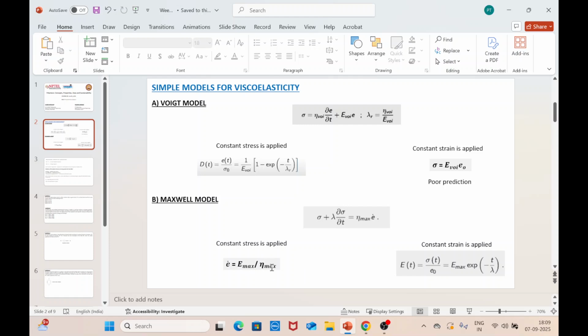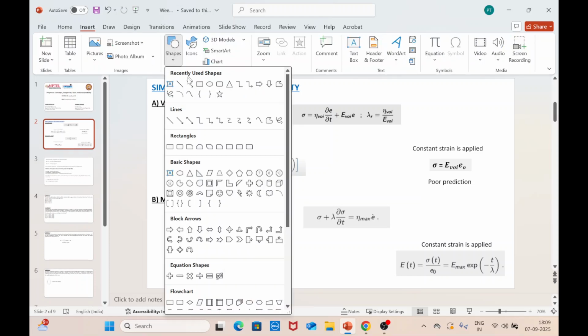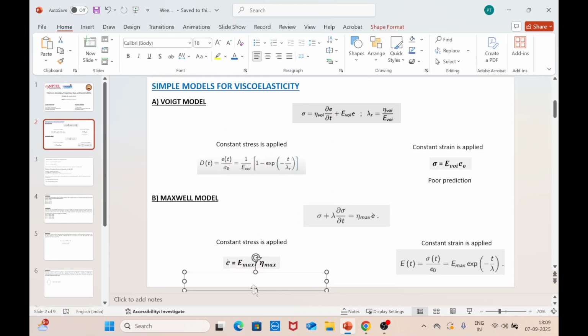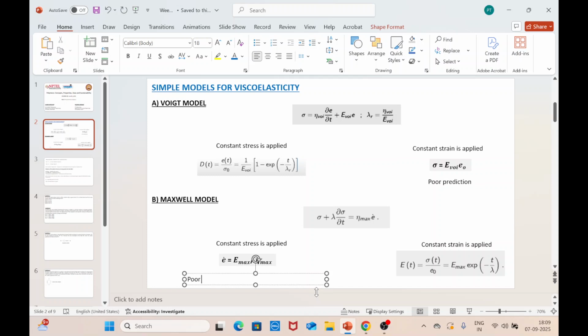So that is more of a viscous-like behavior. So for the creep test, Maxwell's model is not suitable. The prediction of the viscoelastic behavior is very poor. Is this okay to describe it this way?